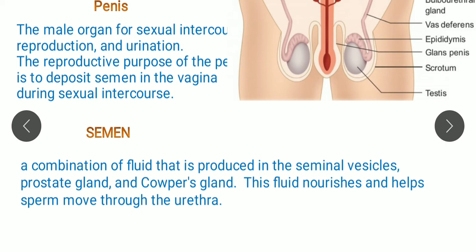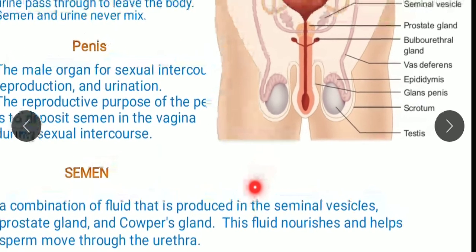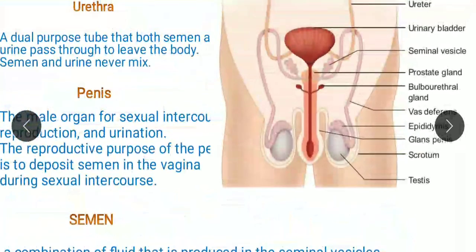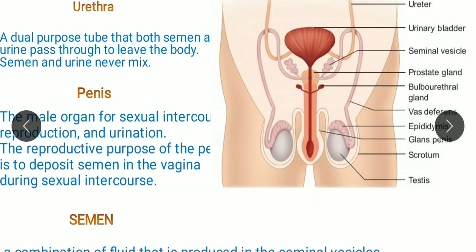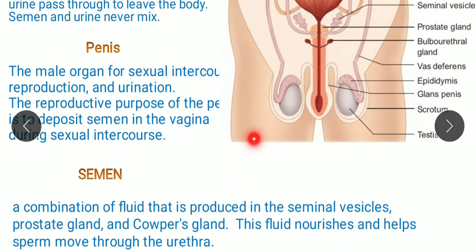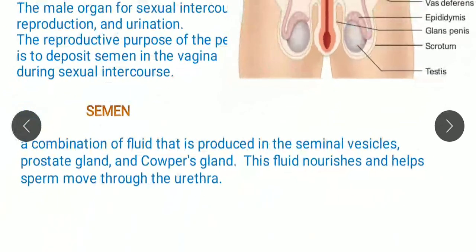These three glands' secretions combine to form semen.